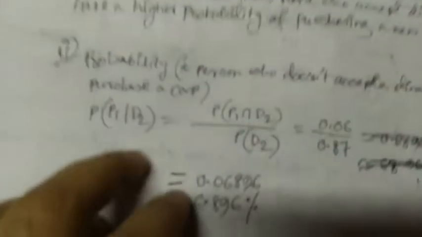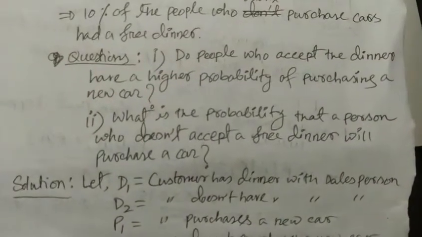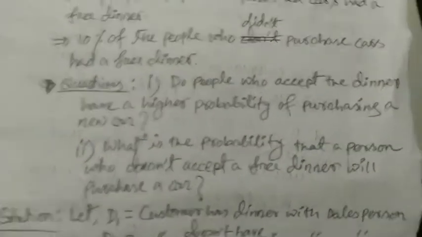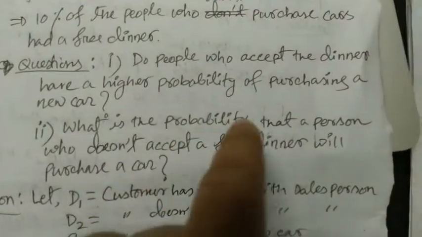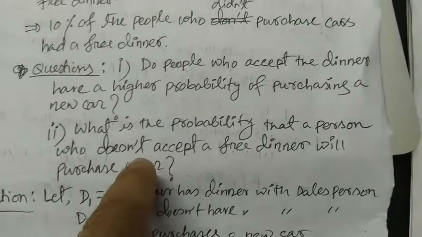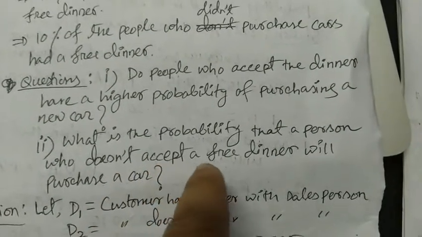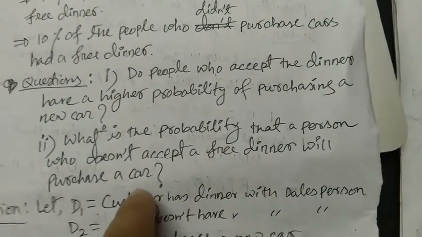Now the second part. The second question was asking: what is the probability that a person who does not accept a free dinner will purchase a car?